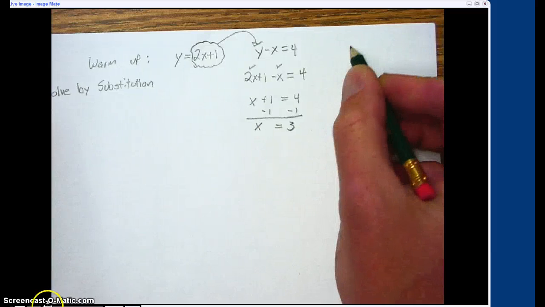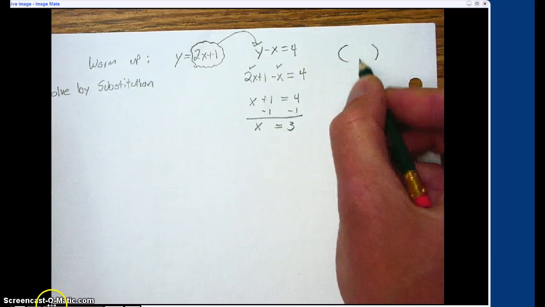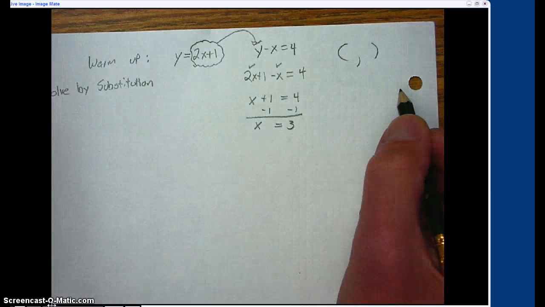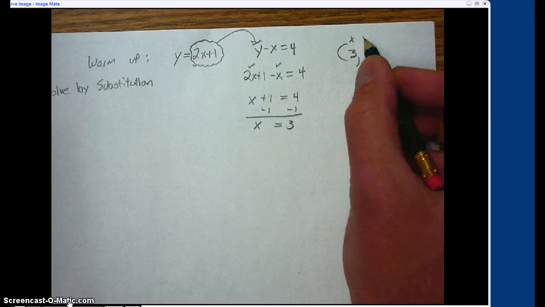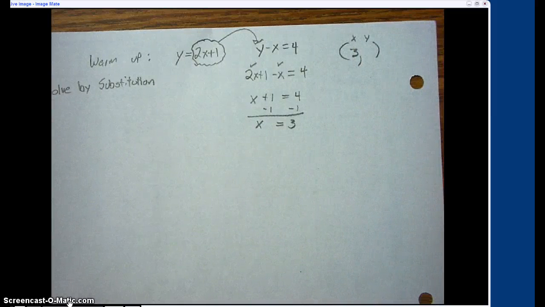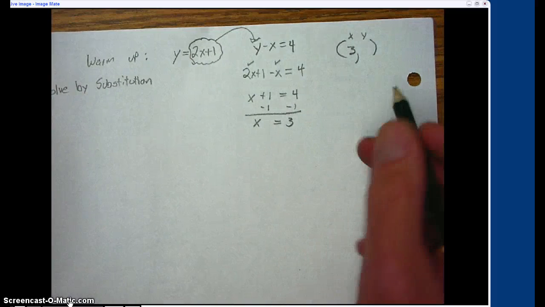Okay, here's my ordered pair. Which answer do I have? Left or right? How do you know it's the left one? Because it's xy. Good. Where do I get the right one? Go back to the bubble, right?